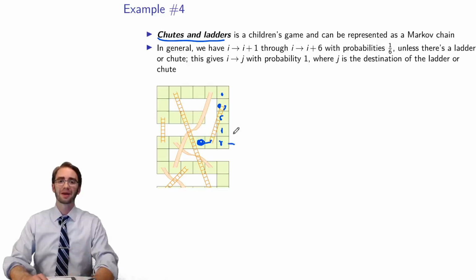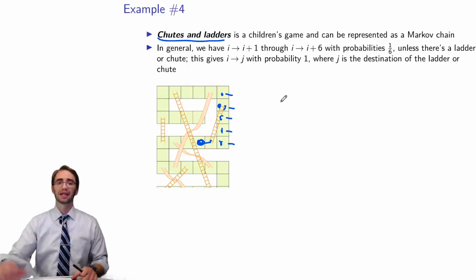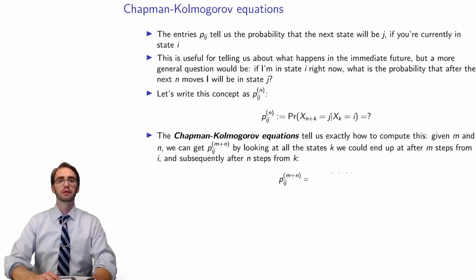There's a 1/6 probability of going here, 1/6 here, 1/6 here, 2/6 here, because I can get here either by rolling a 5 or a 1 and climbing that ladder, or rolling a 6 would get me there. So you can easily model the game of chutes and ladders as a Markov chain, as this illustrates.